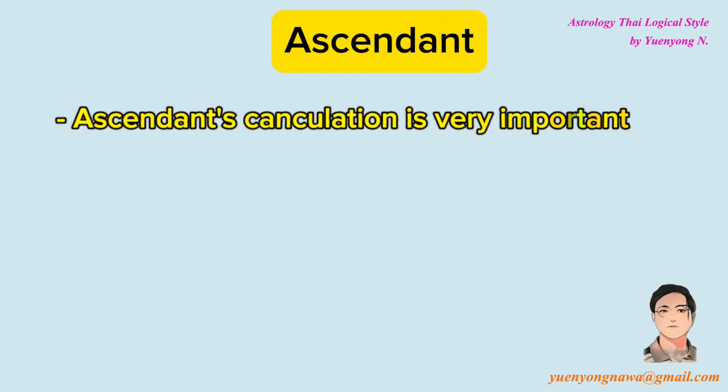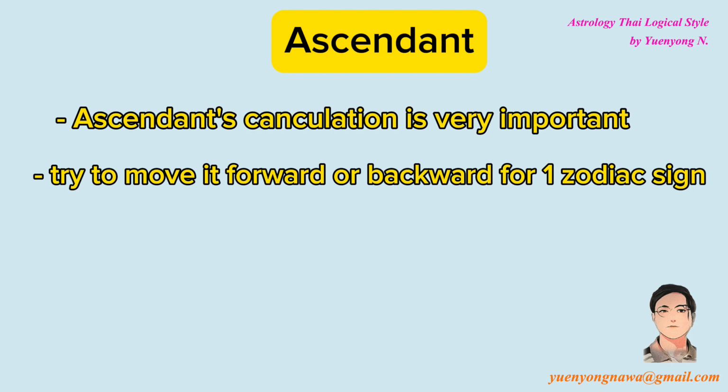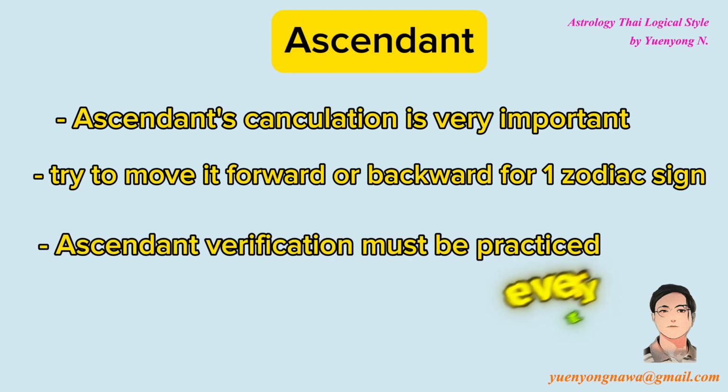Ascendant's calculation is very important. We have to know the exact date and time of birth. Then, we also have to verify its validity, by starting with testing Tanu house, Tanu said, habit, and any outstanding planet or house with the native. If it is correct, then we predict the rest of them. If we think the ascendant is wrong, try to move it forward or backward for one zodiac sign.